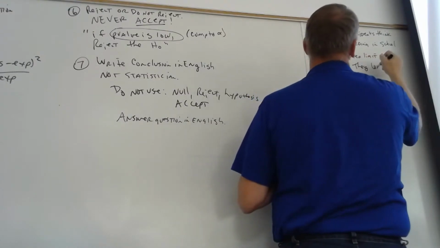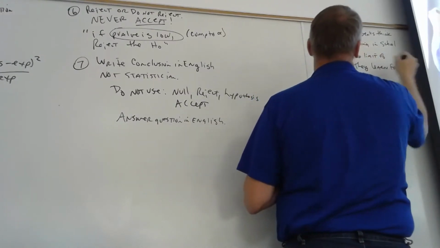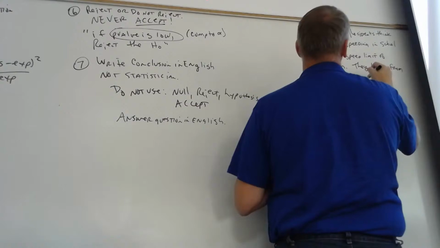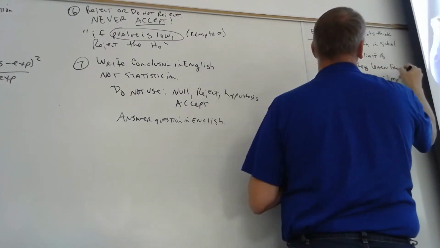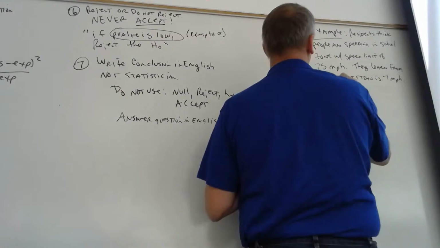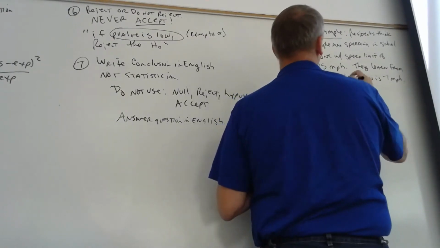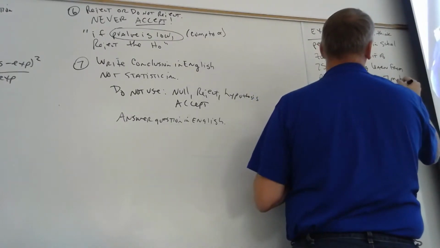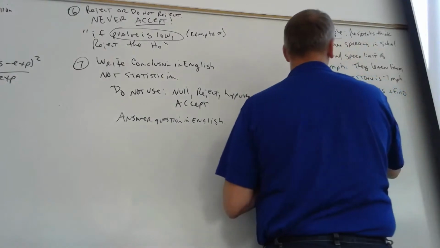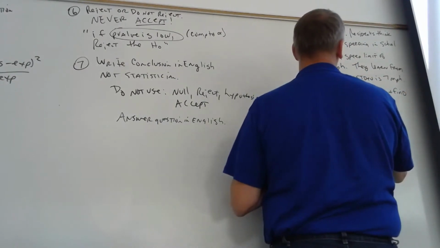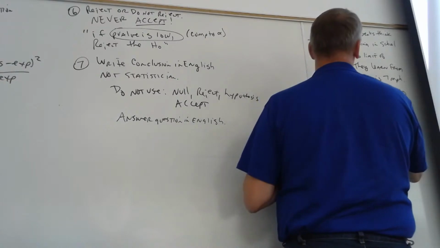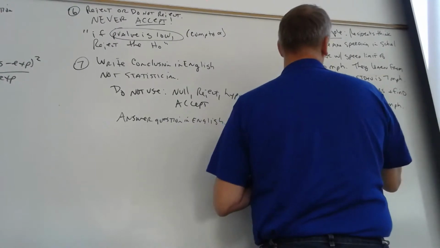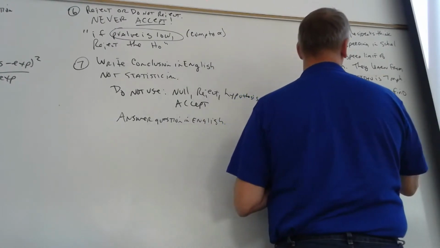They learn from police that standard deviation is 7 miles per hour. They check 16 cars and find the mean speed is 29 miles per hour. Are they correct?